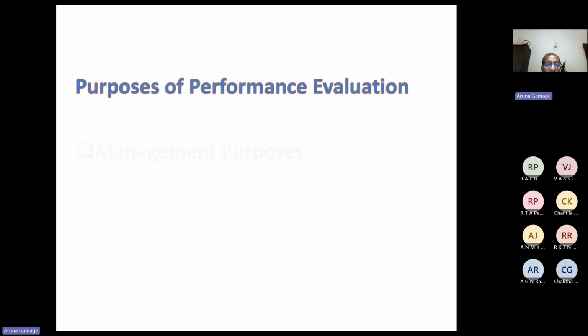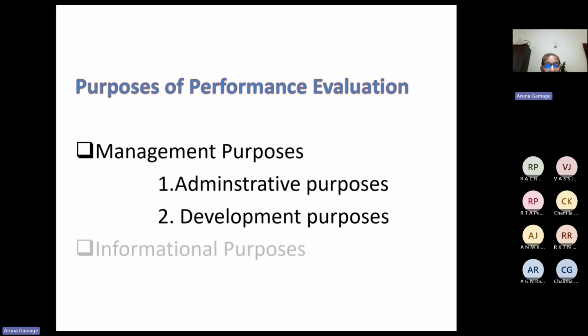You can use performance evaluation for administrative purpose, and for development purpose, then information purpose. So broadly speaking, there are three purposes of performance evaluation: administrative purpose, development purpose, and information purpose.